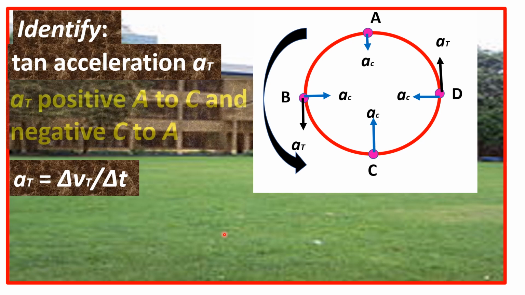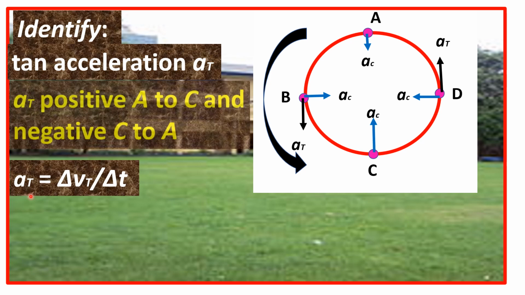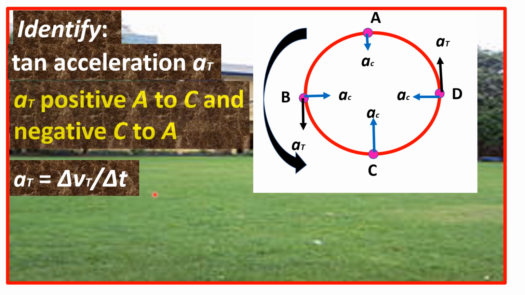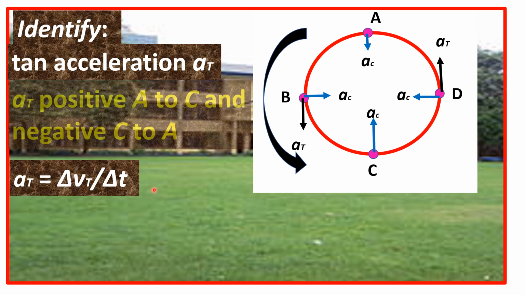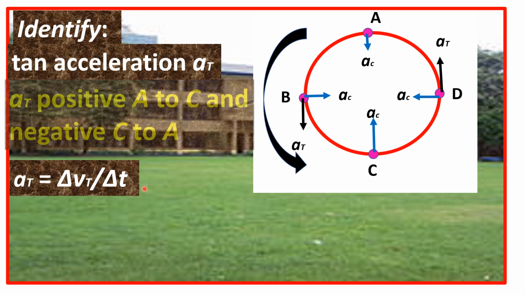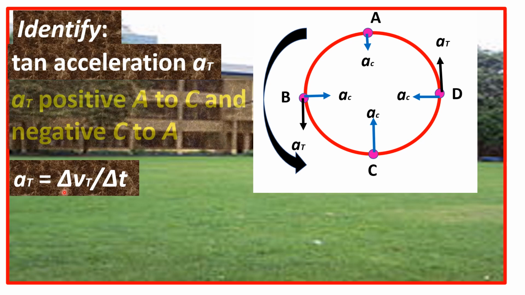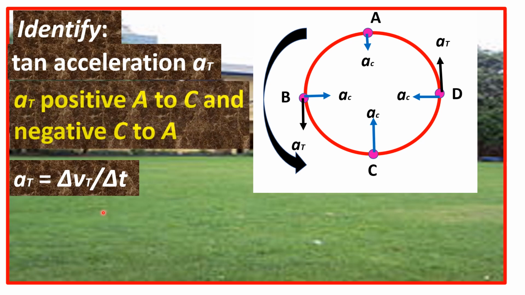And the magnitude of this tangential acceleration is just equal to the change in the magnitude of the tangential velocity divided by the change in time. So just like in the case of centripetal acceleration, we can also get the limit of delta v over delta t as delta t approaches zero.